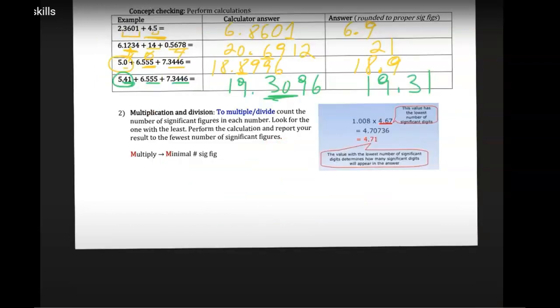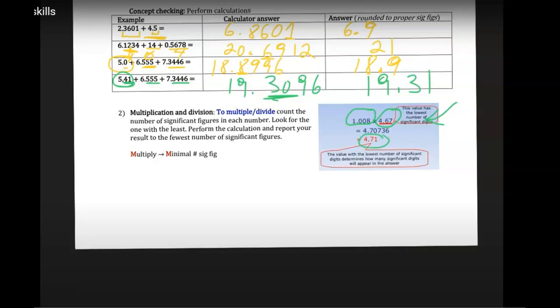In multiplication and division, though, we have to look not at what's after the decimal point, but at the total number of significant figures. So the example that's given here is that you have 4 significant figures in 1 number, and then you have 3 in another number. Since this one has the lowest number of significant figures, this is the least precise measurement, that's going to determine how many significant figures total my answer is going to have.